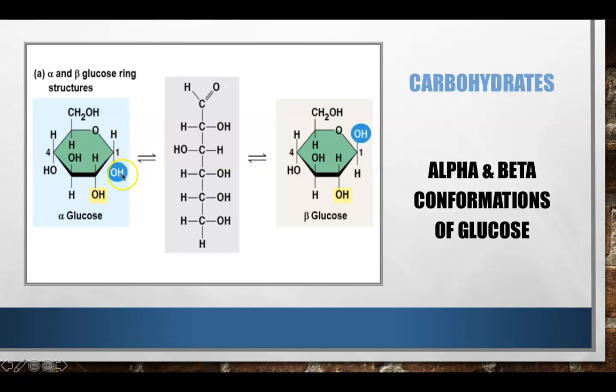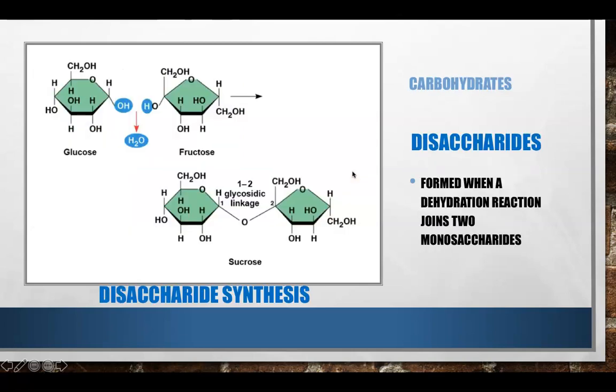If the hydroxyl groups are cis to each other, meaning on the same side of the molecule, you're going to form an alpha glucose bond. If the hydroxyl groups between the number 1 and the number 2 carbon are trans, then you're going to have what's known as a beta conformation of that bond. Why is that important?